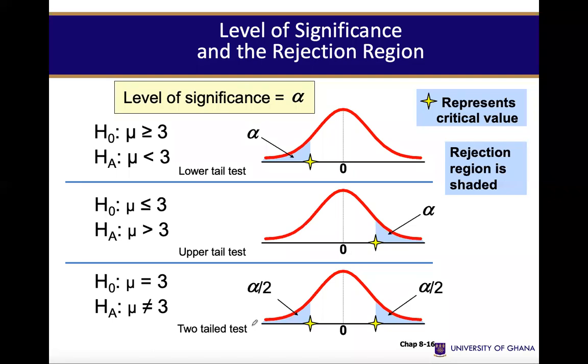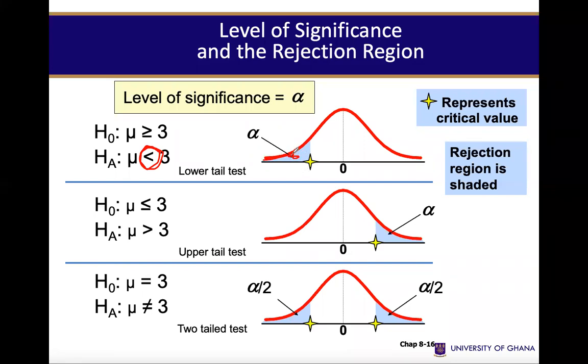In the lower tail test, the alternate hypothesis involves a less than. And you have to listen here: if your alternate hypothesis involves a less than, then the critical region, or the rejection region, the area that will lead you to reject the null hypothesis, is always to the left of the standard normal distribution curve.